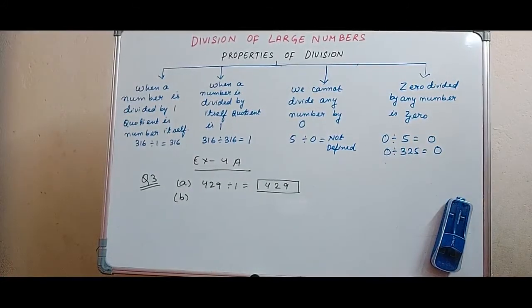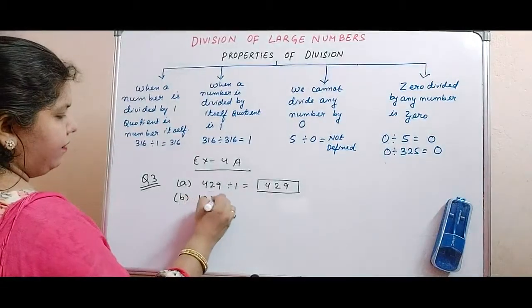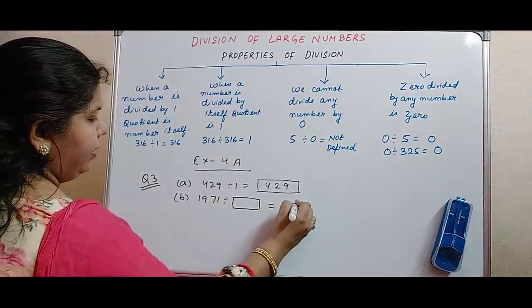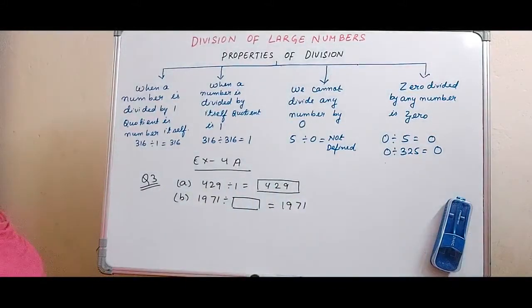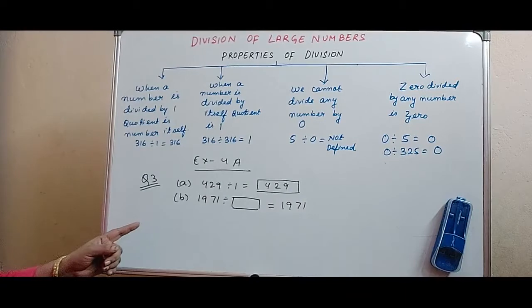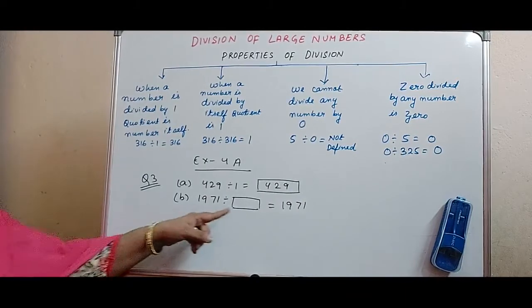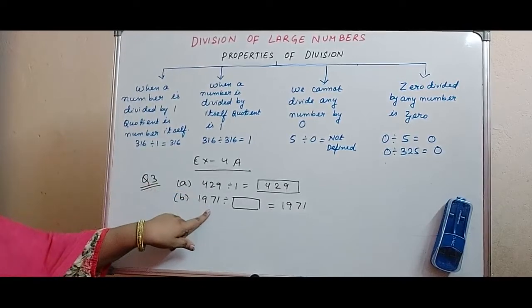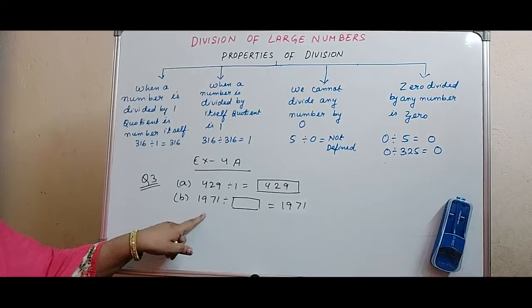Okay, now we are going to the next bit B. 1971 divided by dash equal to 1971. So what you have to put here so that you get the same number. So this previous property is only applied here.